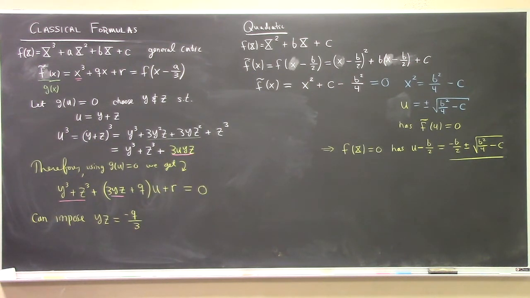So y and z were numbers such that they add to give the root. And now he's supposing that you can also insist that the product of them be minus q over 3. And the homework exercise justifies that, okay.